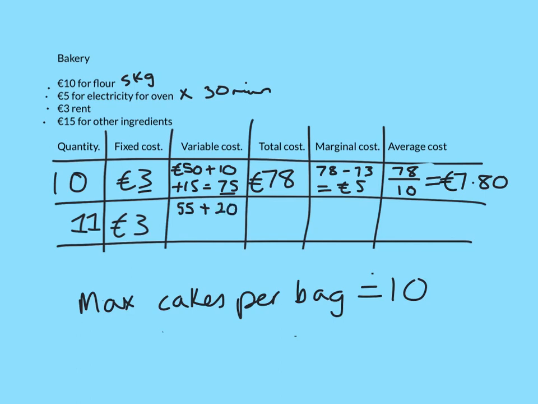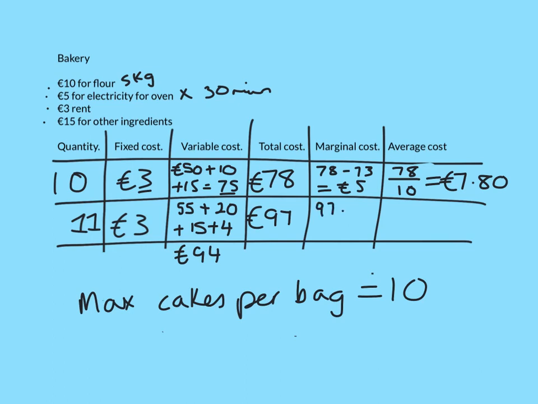We also are going to need double the ingredients, so that's going to be, sorry, let's say for the 11th cake, we don't buy another €15 worth of ingredients. Let's say we only buy another €4 worth of ingredients. So we have the 15 plus the 4, because we only want to make 11 cakes, and we're going to get 94 there. So our total cost then is going to be 97.